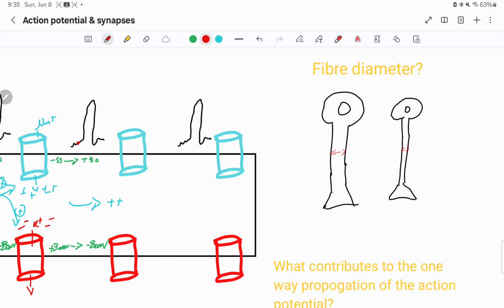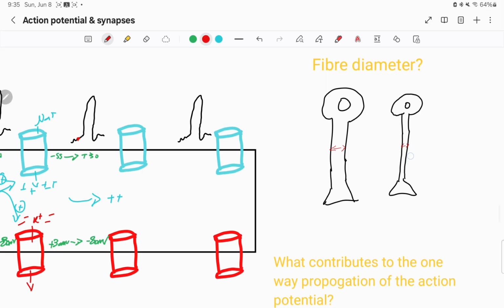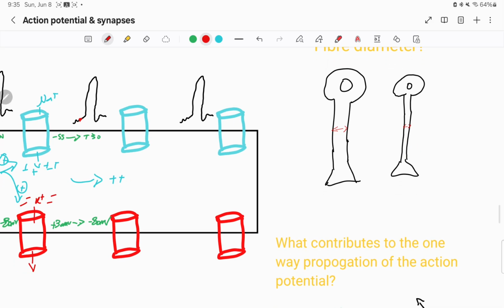And that has to do with many reasons, but I think the basic reason is that if I have a very, very small diameter, then the resistance to flow increases, all right? I always like to think of it like this. Where can water flow easily? In a very compressed small tube or a very large pipe? Well, it can flow much more easily in a larger pipe. Thus, the speed would be much faster, okay?